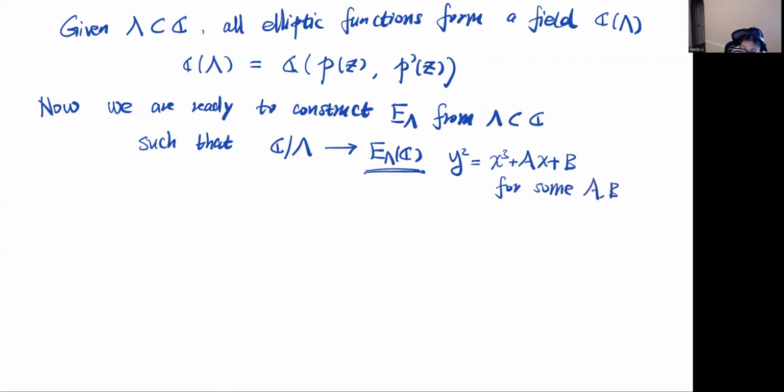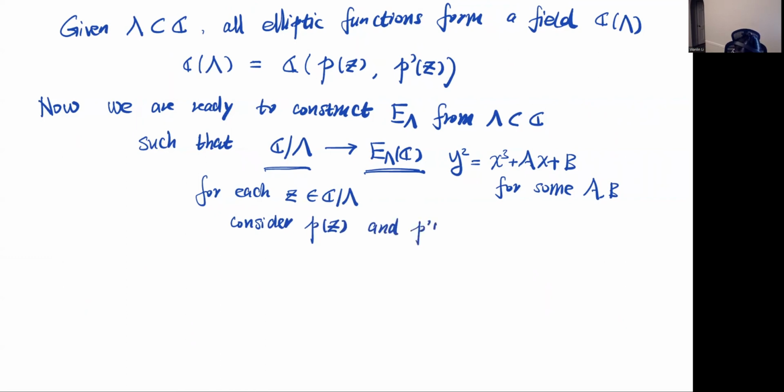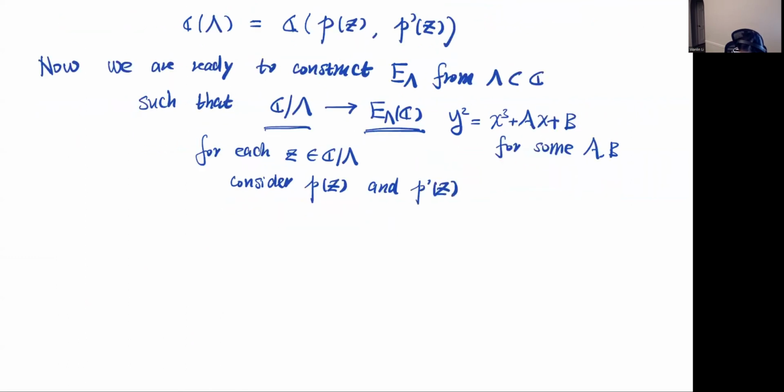Okay. So what we are going to do is, for each point z inside C mod lambda, consider its value p of z and p prime of z. And we will show that these two values do satisfy an equation of the Weierstrass form.